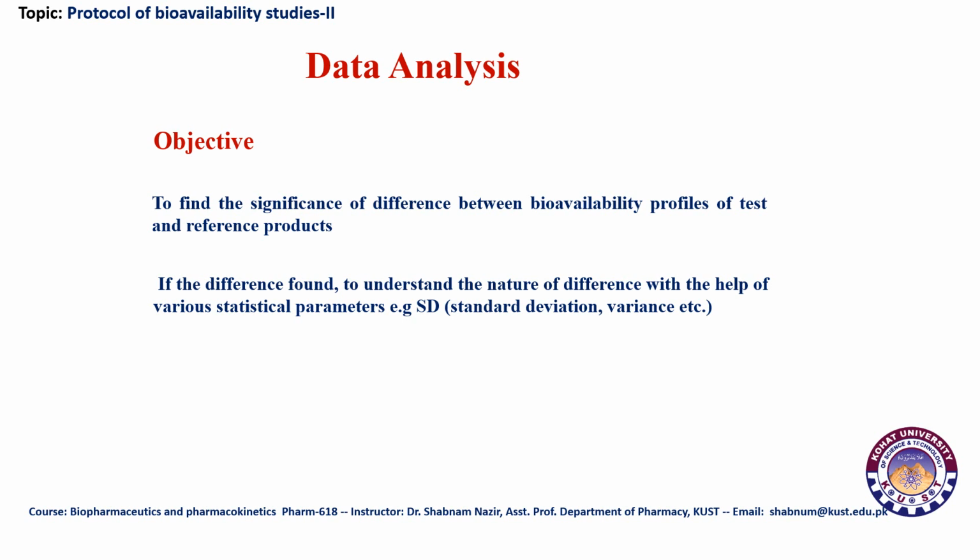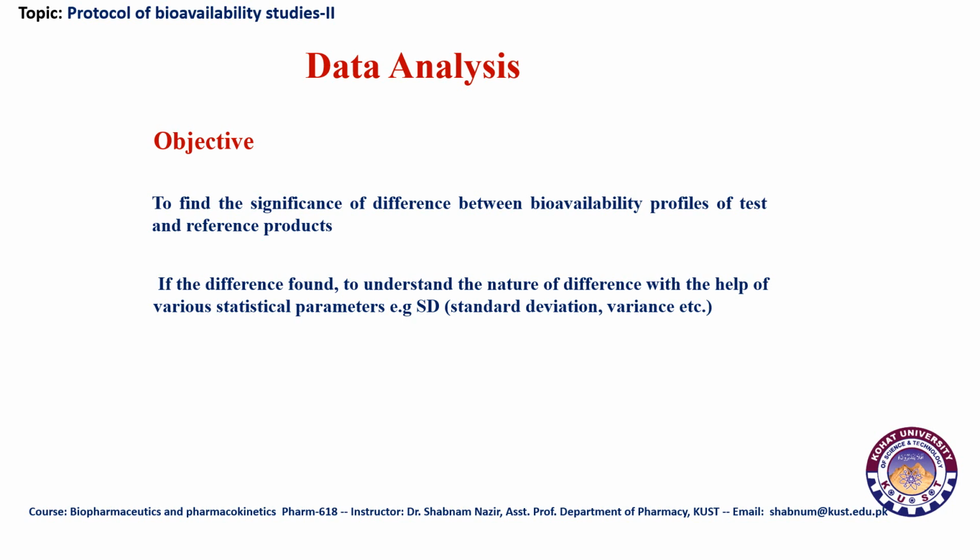Data analysis also helps to understand the extent or the nature of the difference between the values with the help of various statistical parameters like standard deviation or the variance.